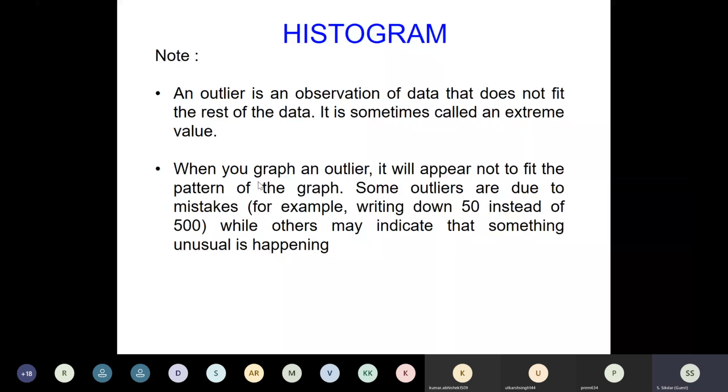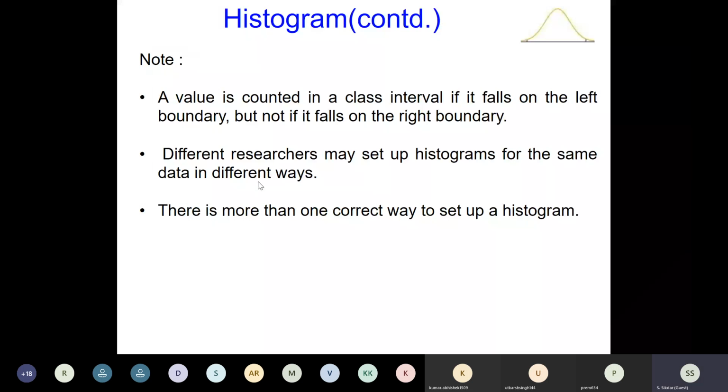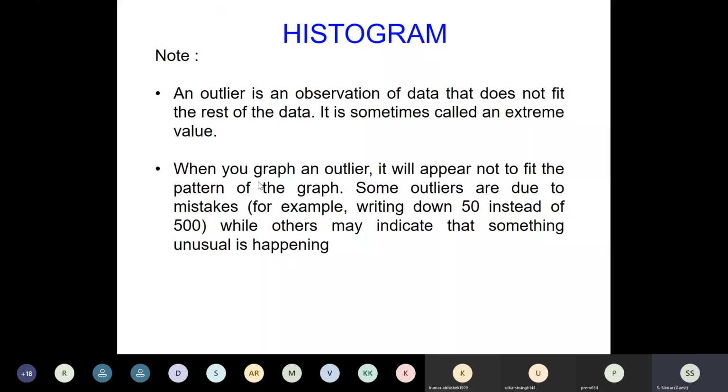Now, there are some terms, just like outlier. You will see this thing even when you collect some data and analyze it, that some of the data are not matching, not fitting with the rest of the data, and they are called outliers. How do outliers come?